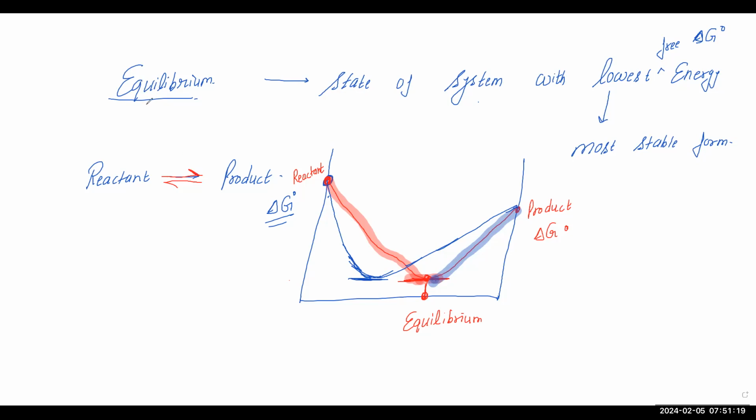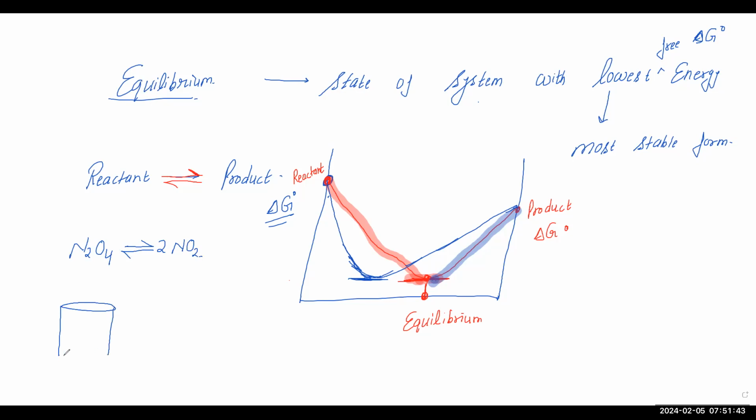So nature pushes everything in the direction of equilibrium. Say you have taken N2O4. N2O4 has a tendency to undergo dissociation and it gives you NO2. So this is the container.